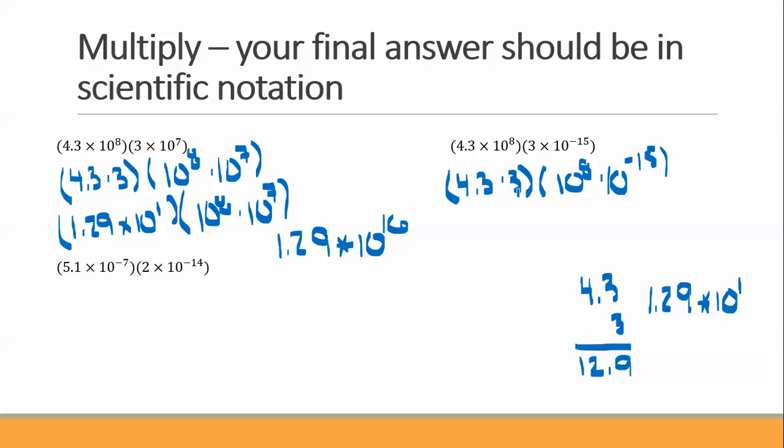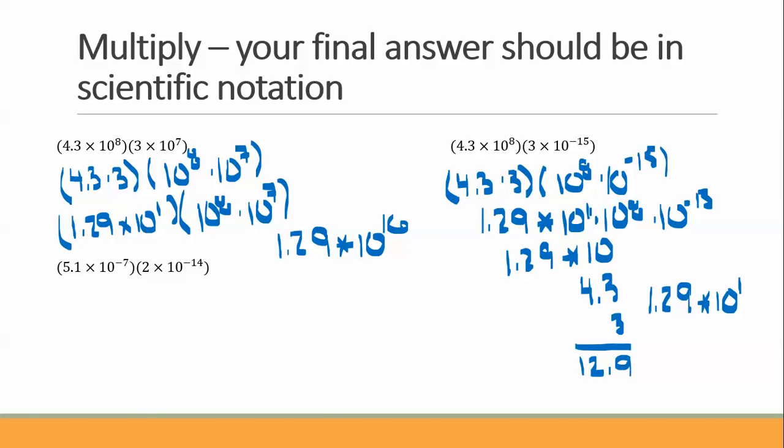Again, our 4.3 times 3, we found out right here, was 1.29 times 10 to the 1st. And then we're multiplying by 10 to the 8th and 10 to the minus 15th. So our final answer is 1.29 times 10, and we're going to add our exponents because there's the same base. So we have 1 plus 8 is 9, minus 15 is 10 to the negative 6th.